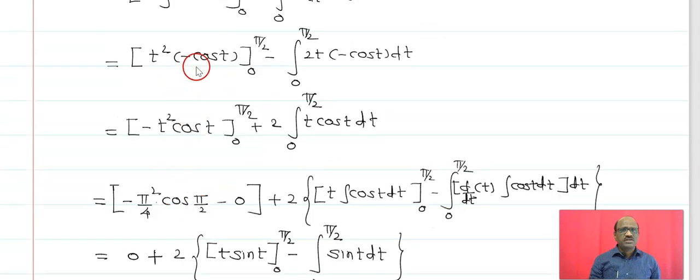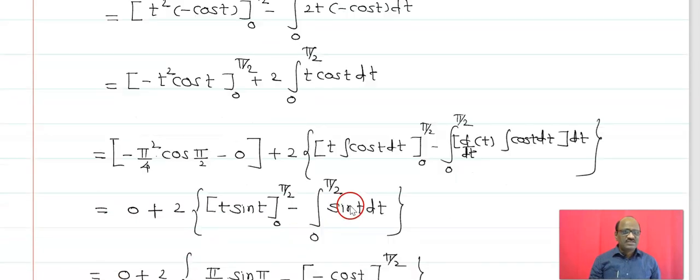If we substitute t as pi by 2, then you will get minus pi square upon 4 cos of pi by 2. And what about the lower limit? If we substitute t equal to 0, the whole term will become 0. Therefore overall it is written as 0. Now here cos of pi by 2, cos 90, is 0, and therefore this whole first bracket will become 0 here.